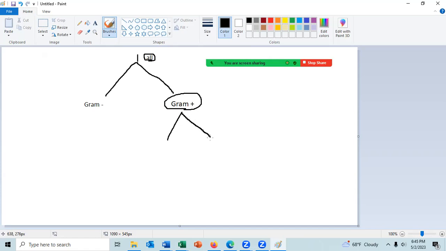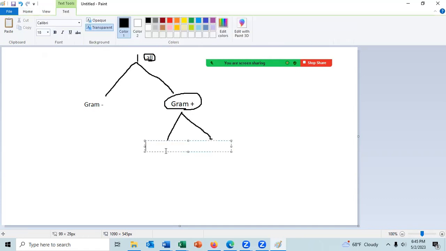And you have gelatin hydrolysis positive and negative. I'm not going to put hydrolysis in there, but positive.